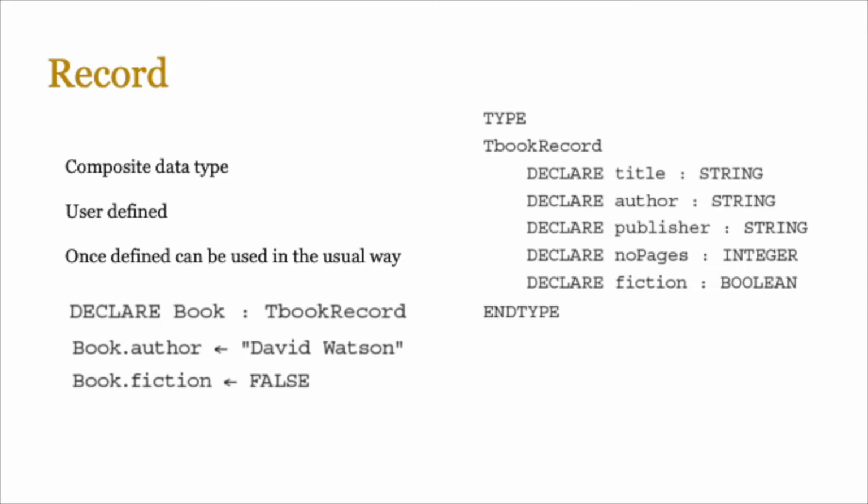So it's kind of like classes and attributes. But in this case, it's not a class because there are no methods or procedures associated to TBookRecord. The only thing you can do is basically call the attribute. So Book.author, we can give it a value. Book.fiction, we can assign it a value according to its data type. So pretty straightforward. What you might want to do is try to see if you can code it.